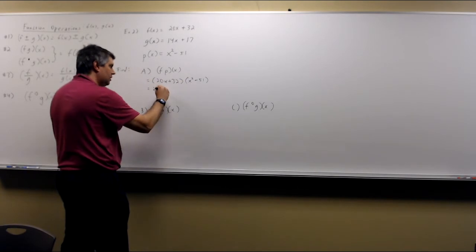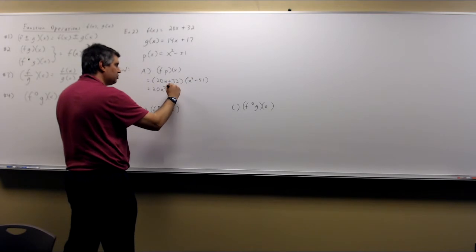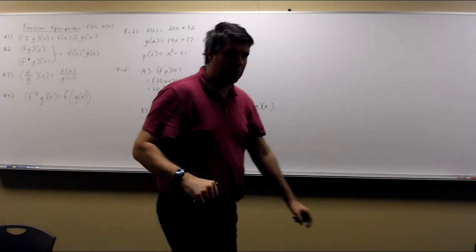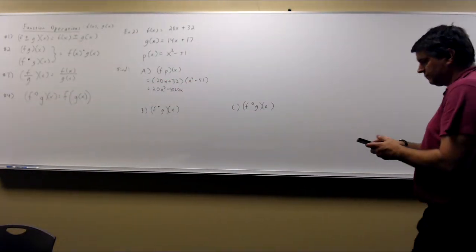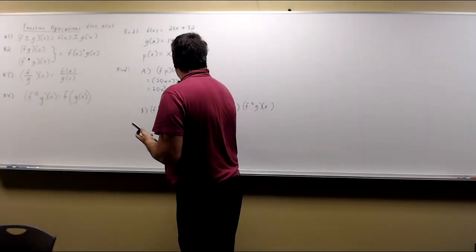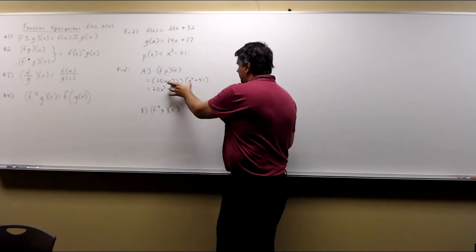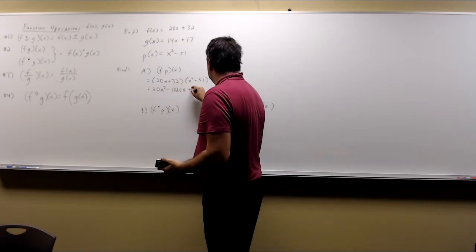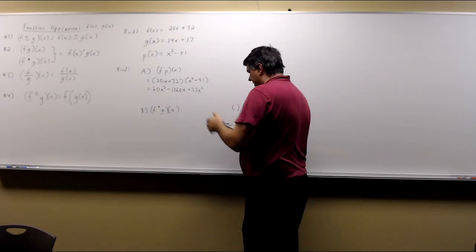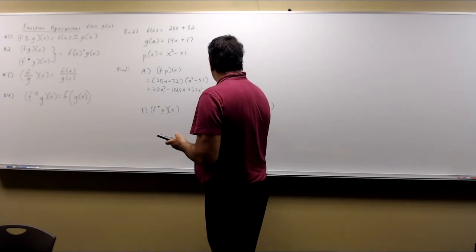So that would give me 20x cubed minus 1020x. Let me double check that. 51 times 20. Yeah, negative 1020x plus 32x squared, and then 32 times negative 51 is negative 1632.